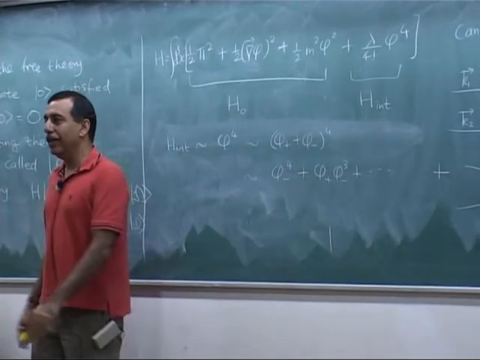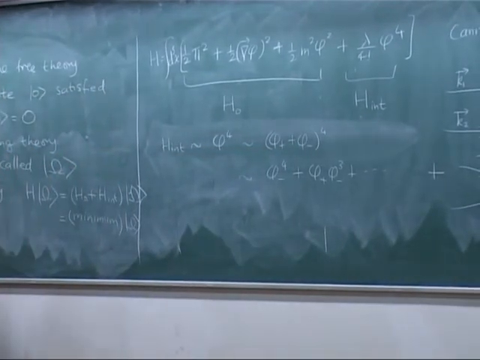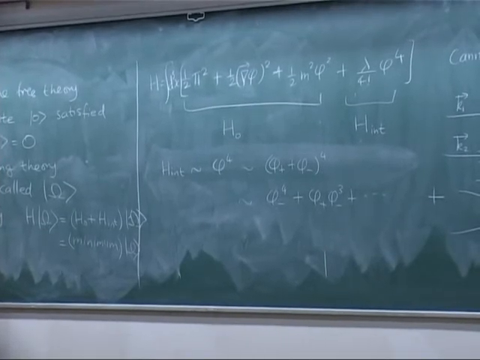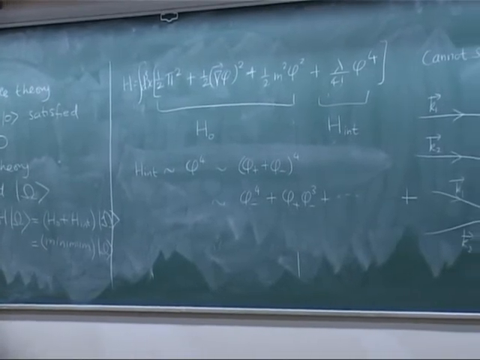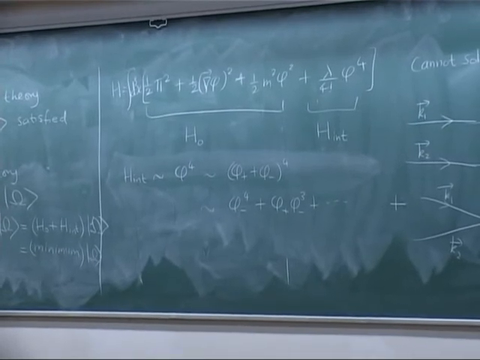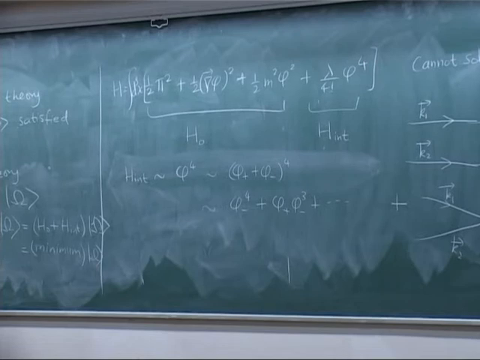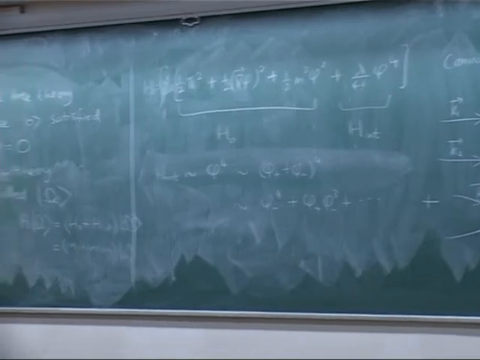So in terms of free particles, yes, the vacuum is full of free particles. Whatever is the particle for this zero vacuum state may not be a particle for the omega vacuum state. That's right. But because we are using perturbation theory, the concept of free particle is still retained.